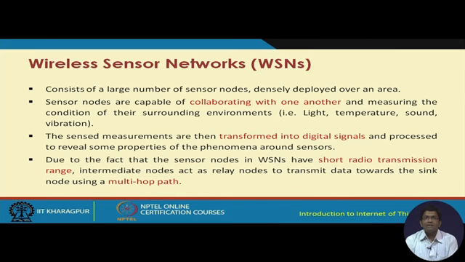A temperature sensor would be sensing the temperature fluctuations, a humidity sensor will be sensing the humidity fluctuations, a camera sensor would be taking images of what is happening around it. A vibration sensor will be sensing the vibration, a light sensor will be sensing the illumination conditions, and so on.